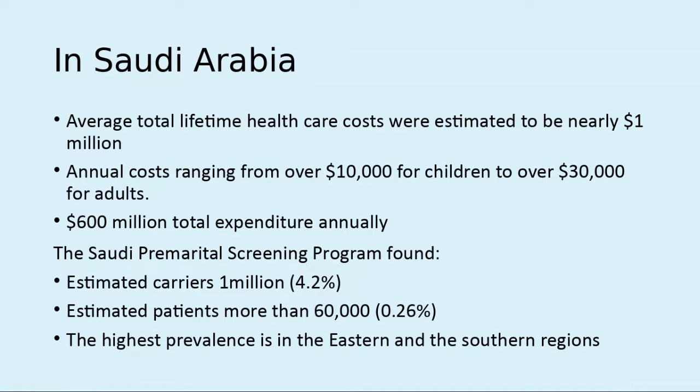That means 4.2% of the Saudi population carry the gene. An estimated more than 60,000 patients, and that is only 0.26% of the population of our country. The highest prevalence is in the eastern and southern regions, the highest among all the Saudi regions.